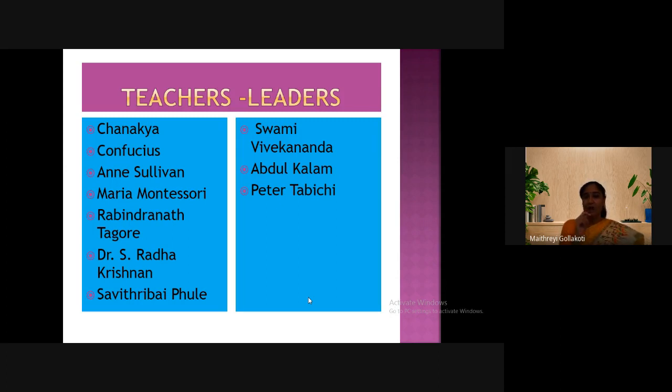And last but not the least, Peter Tabichi. Now, Peter Tabichi, most of us may not have known him, but he is from Africa. Africa, I think all of you know, is unfortunately one of the underdeveloped continents even today. So education was very difficult in that area, especially because the area was predominantly with tribes who were warring with each other.